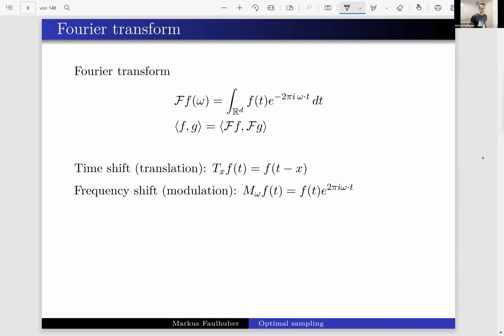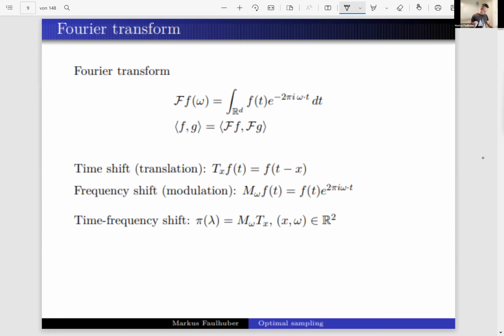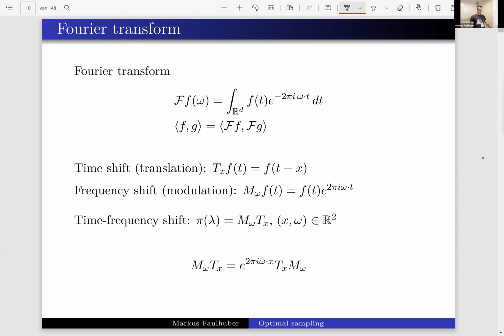The other operators which are essential in time frequency analysis are the time shift, which is just a translation operator, and the frequency shift, which is just a modulation. We then combine them together to a time frequency shift, where I forgot here to write that this is lambda. And we also see that they do not commute in general.